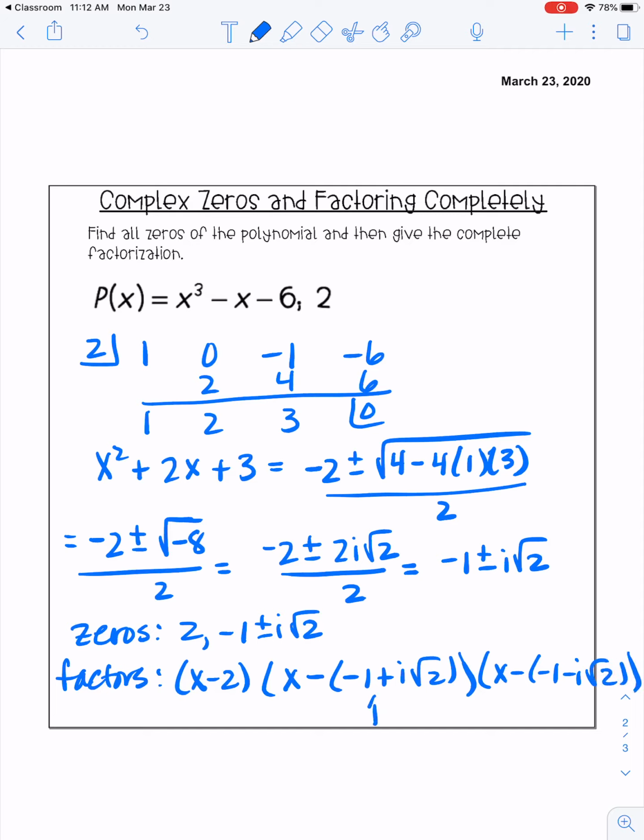Okay, so I can simplify both of these. So that's going to become x minus 2 and x plus 1 minus i radical 2 and x plus 1 plus i radical 2. Okay, next slide.